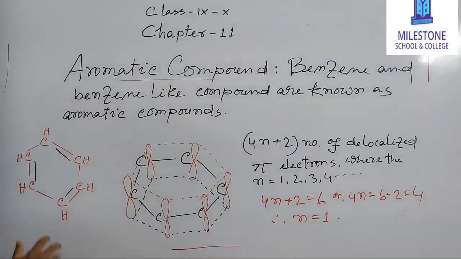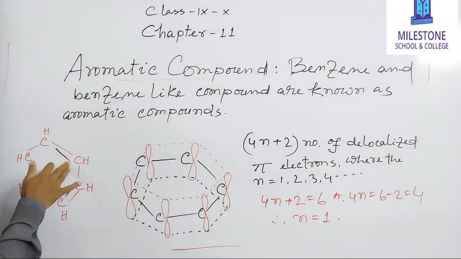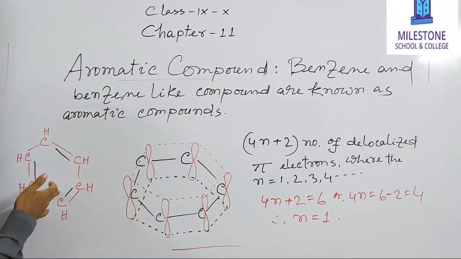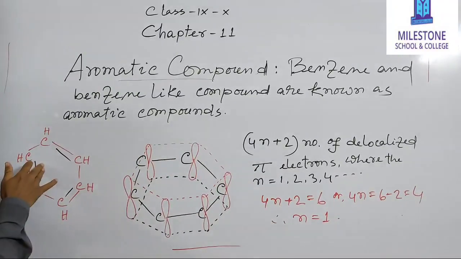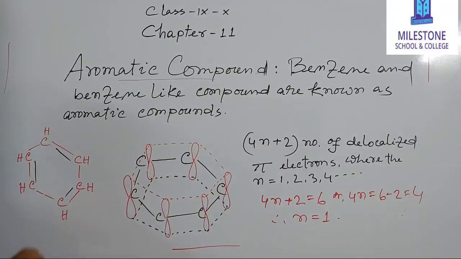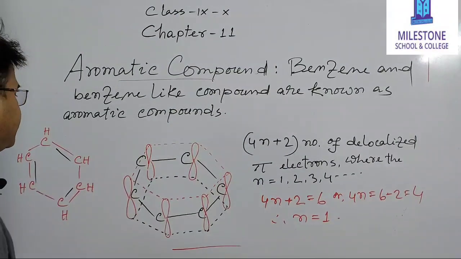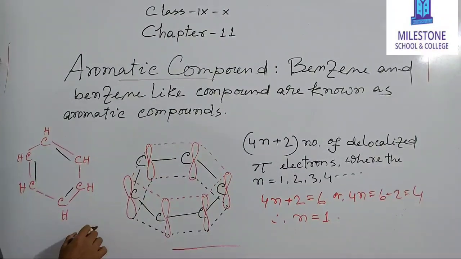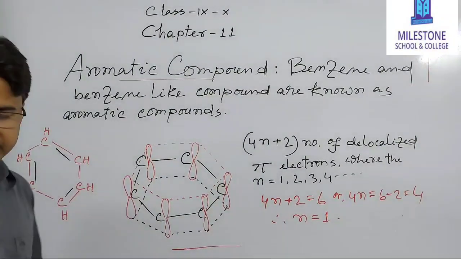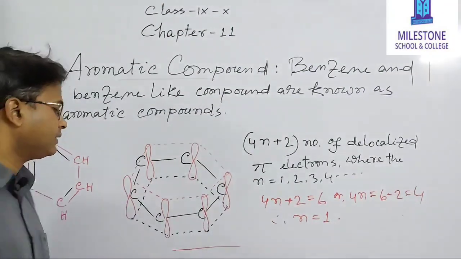The third one is, it has alternative carbon-carbon double bonds. I mean, first there will be a double bond and one single bond, and then again double bond, then single bond, then again double bond, then single bond. This is actually known as alternative carbon-carbon double bonds. That's why I can say benzene is an aromatic hydrocarbon.